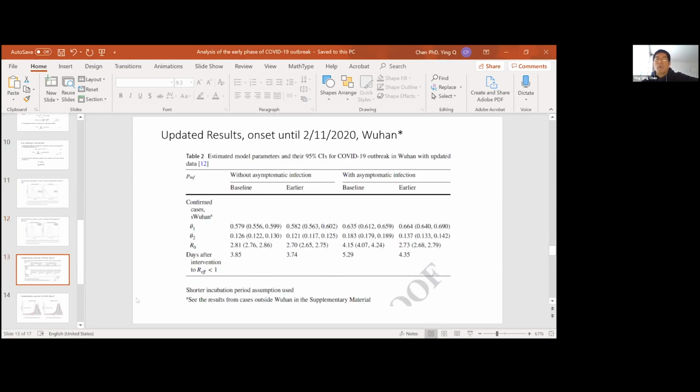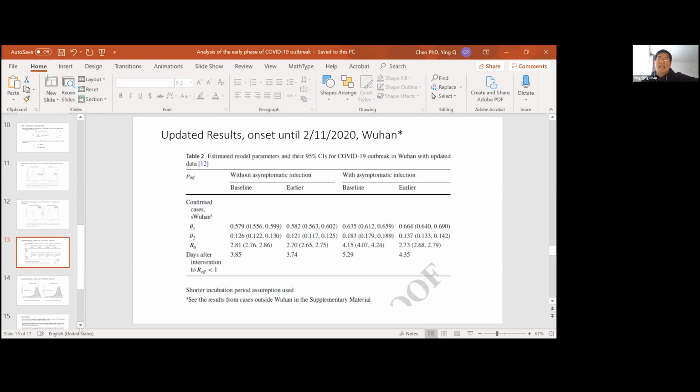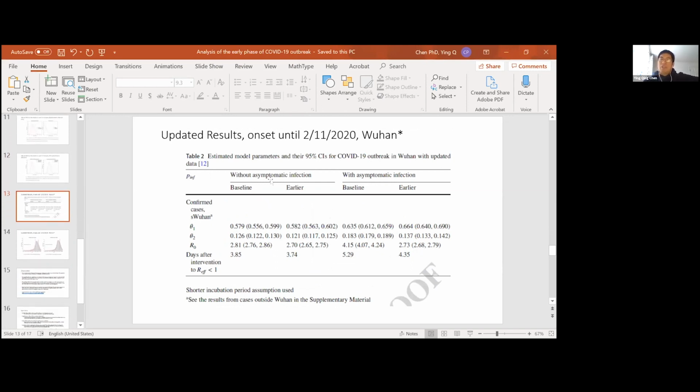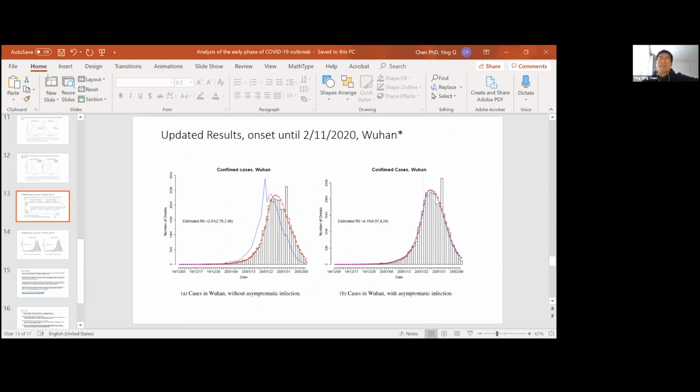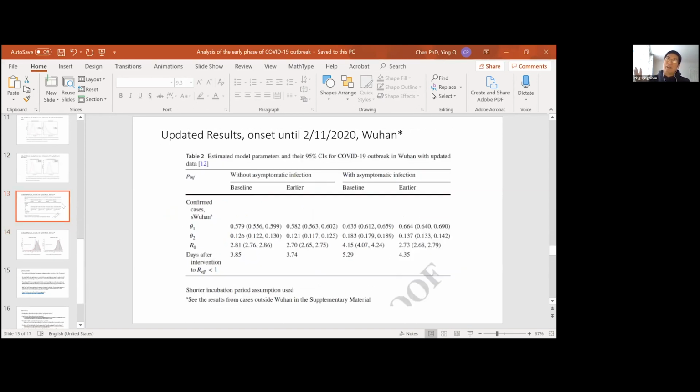And here we have some updated results. Without asymptomatic infections, we estimate the R0 at baseline to be 2.8, and earlier 2.7, but with asymptomatic infections, the R0 at baseline can be as much as 4. This is one of the things we suspect explains the conflicting or confusing results early on, when people reported R0 through different kinds of modeling.